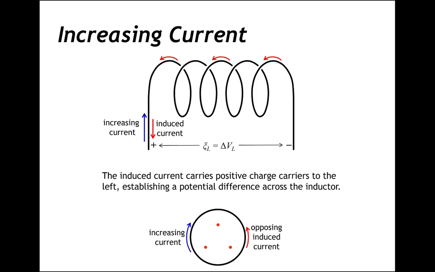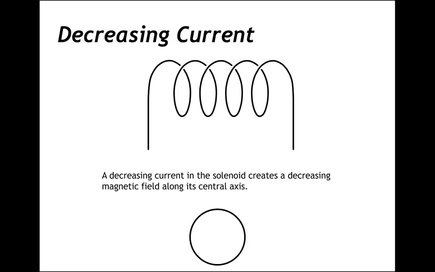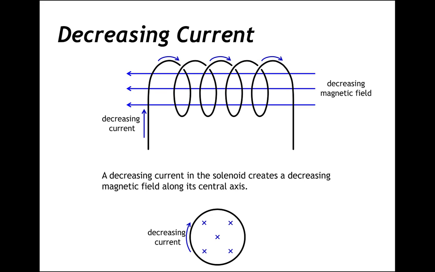Well, now let's look at a decreasing current. A decreasing current in the solenoid creates a decreasing magnetic field along its central axis. So notice the current is still going from left to right. The magnetic field is still pointing to the left, away from us in the bottom image.